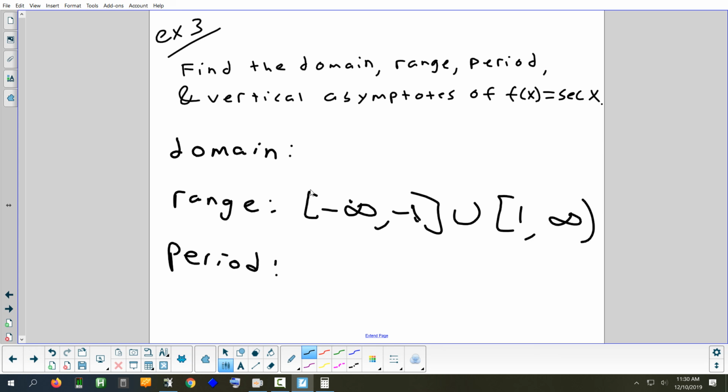Okay, period. Yes, I should never have a closed bracket on -infinity. Thank you. I told you that the formula for the period is the same for sine, cosine, secant, and cosecant. Tangent and cotangent is the only one that has a different one. So what's the formula for the period of secant?